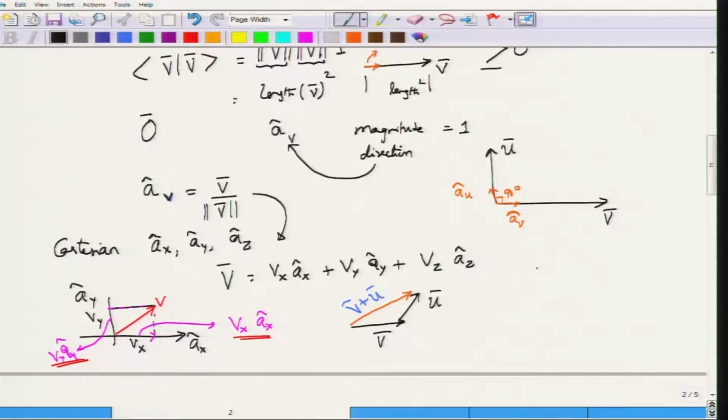Mathematically, I can represent any vector v by giving the components of v along that particular unit vector. So, let us say if I have n unit vectors which are labeled as a1, a2, a3 and so on, then finding out the components of the vector v along each of those unit vectors, I can sum those corresponding vectors, not the components, sum the corresponding vectors in order to reconstruct my original vector v.